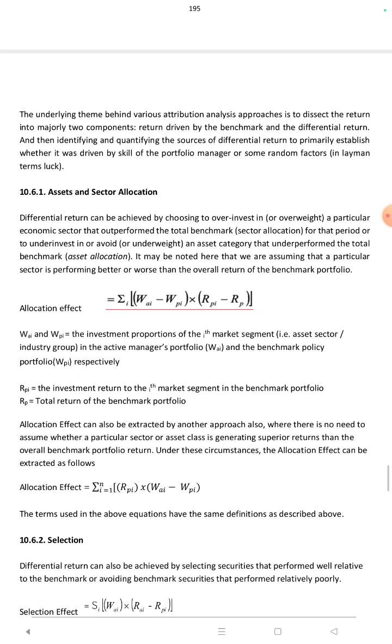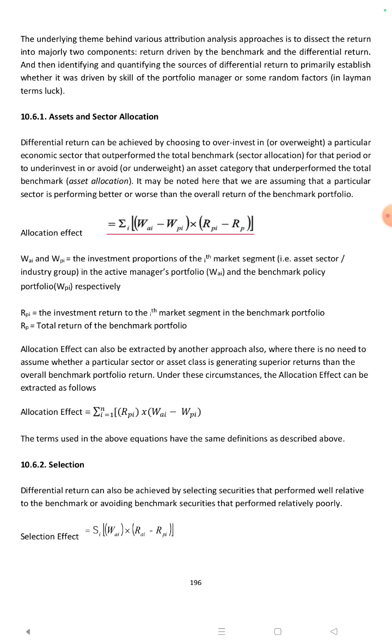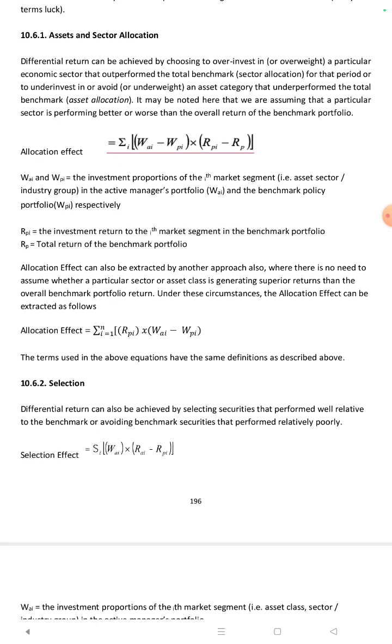The underlying theme behind various attribution analysis approaches is to dissect the return into two major components, return driven by the benchmark and the differential return, and then identify and quantify the sources of differential return to primarily establish whether it was driven by the skill of the portfolio manager or some random factors. In layman's terms, luck.